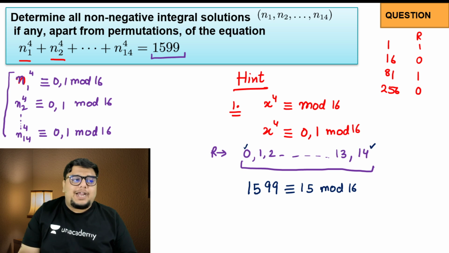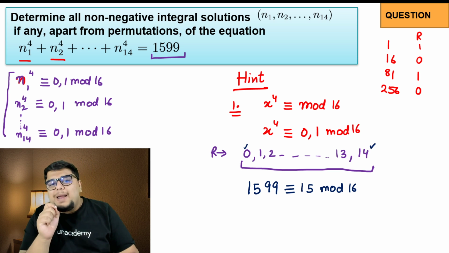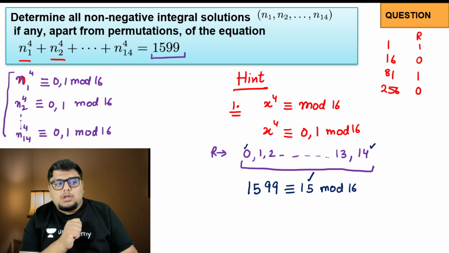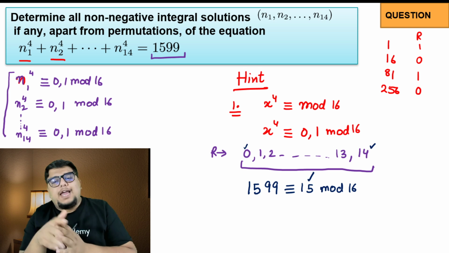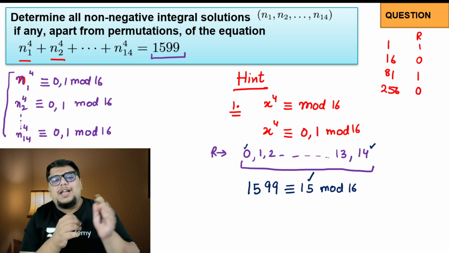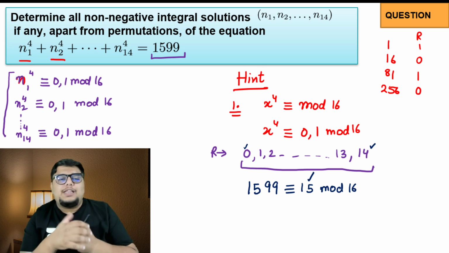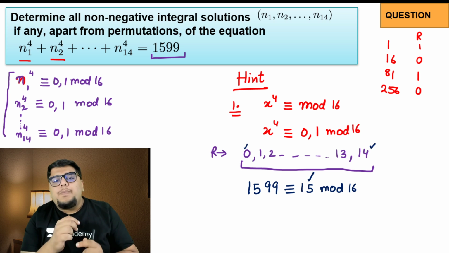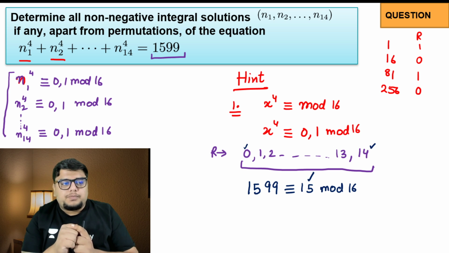But on the right hand side, the remainder is 15. So if here the remainder is 15 and here the remainder is from 0 to 14, this does not really make sense. And this basically tells us that there will not be any solution of this equation.